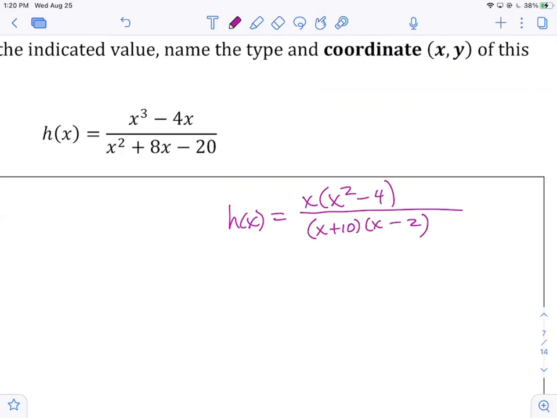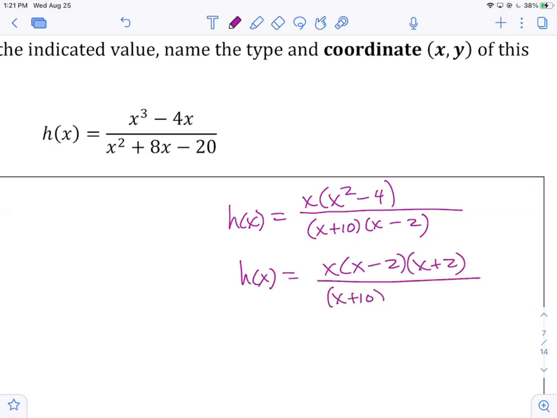Yeah, absolutely. If you know you're going to pull an x out in the top and you're left with x squared minus 4, you can go ahead and go straight to that. I usually don't do that when I'm instructing or when I'm not, because I make careless mistakes really, really well. Okay, so there it is.